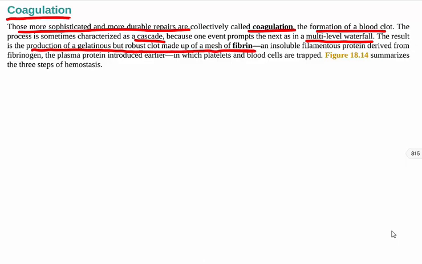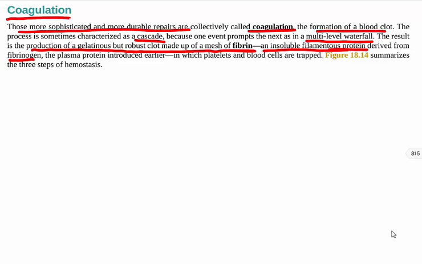So we have fibrin, an insoluble, filamentous protein. So a protein that's like filaments, right, that is insoluble, derived from fibrinogen. So fibrinogen is going to turn into fibrin, and it's going to make like a mesh.